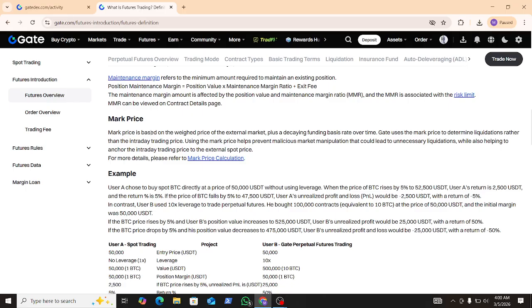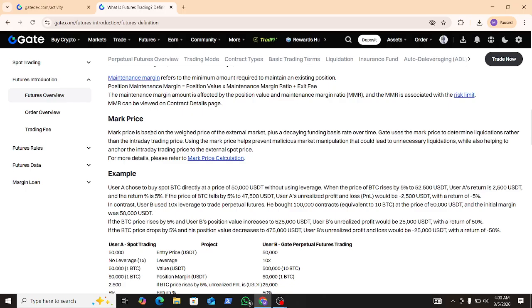If the BTC price rises by 5%, user B's position value increases to 5 lakh 25,000 USDT.